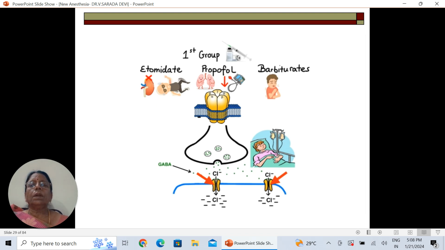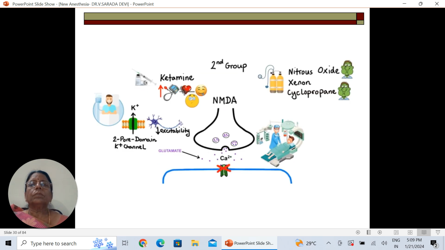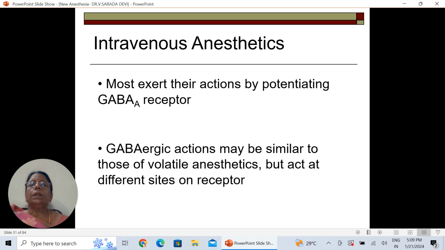Etomidate, propofol, and other barbiturates mainly act on GABA receptors, whereas ketamine, nitrous oxide, and cyclopropane act on NMDA receptors. Intravenous anesthetics: most exert their action by potentiating GABA receptors. They may be similar to those of volatile anesthetics but act at different sites on receptors.